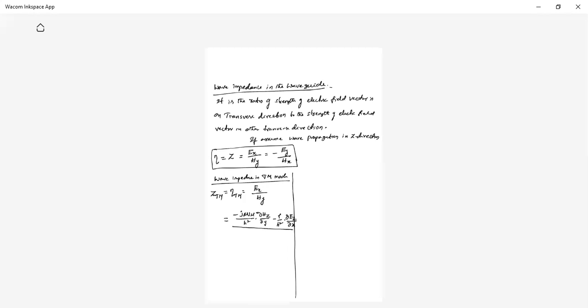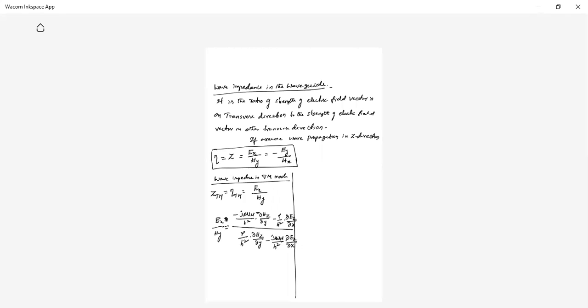And Hy is gamma by h square into dou Hz by dou y minus j omega mu by h square into dou Ez by dou x.